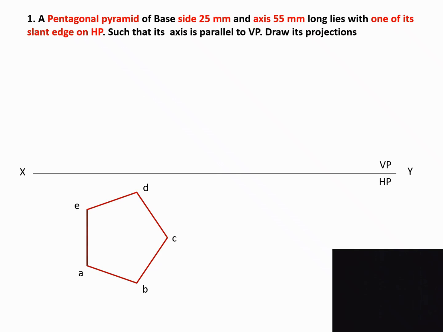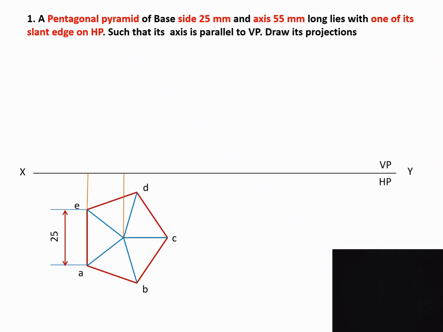Then the next step is we are going to draw the axis. For that we have to mark the center point, that is the axis of our pentagon. From this axis we are going to draw a line.